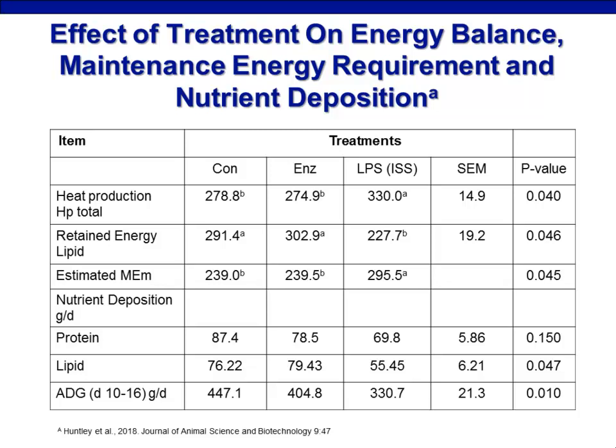But look at the issue when we gave it an inflammatory issue. Look at this. Our metabolizable energy for maintenance goes way up. It's increasing. Again, significant. Nutrient deposition, grams per day of protein, 87, 78, 69.